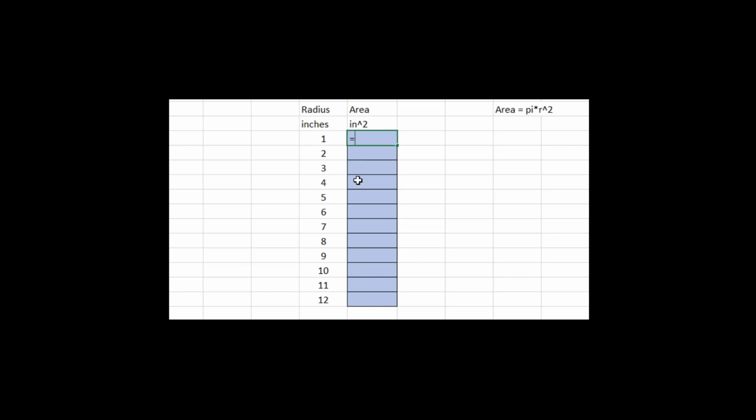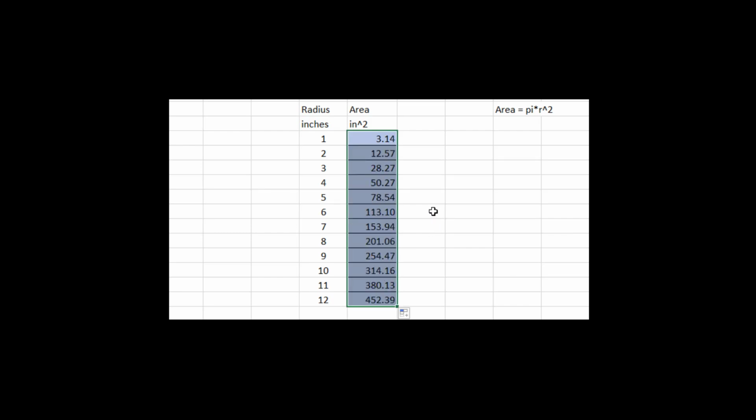So this is equals pi. Pi is a function here, and that's how you put pi in, times the radius raised to the second power. And I put it at 2 decimals. And so I'll just drag this down.